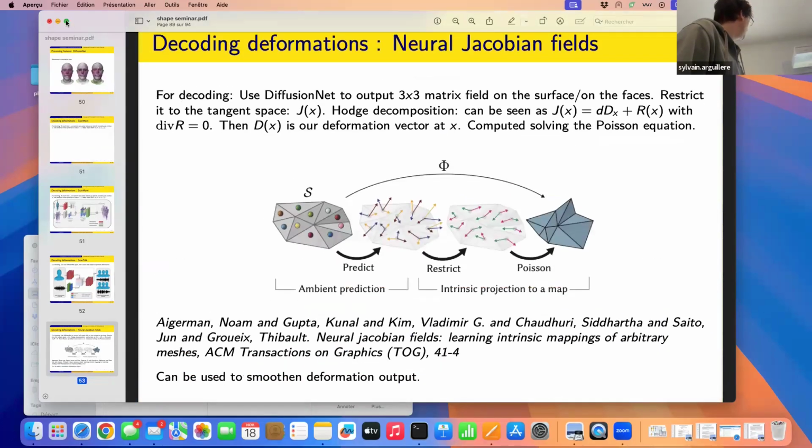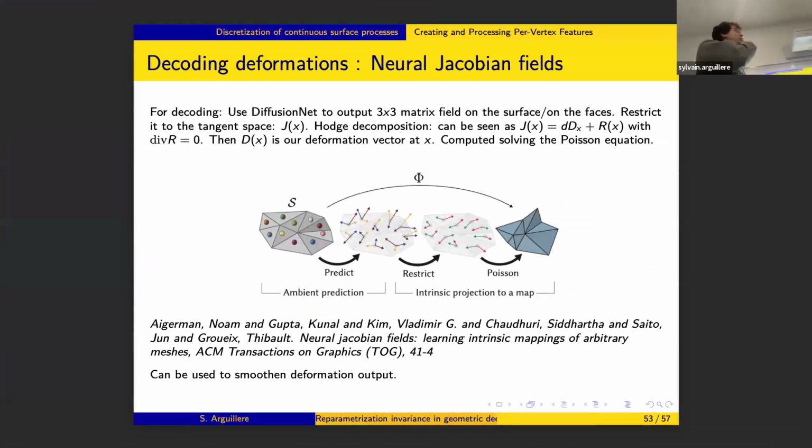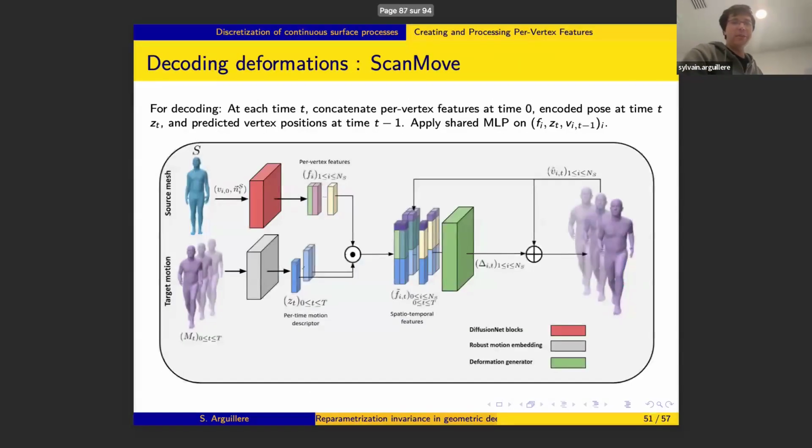So I think this one is kind of interesting. This is to decode. Actually, in the case of motion transfer, what ended up being fast enough and working was just a shared MLP.